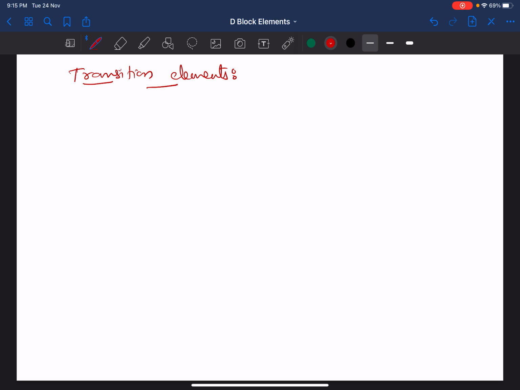In other words, a transition element is defined as an element which has at least one unpaired electron in the d orbital. That is the main important definition.